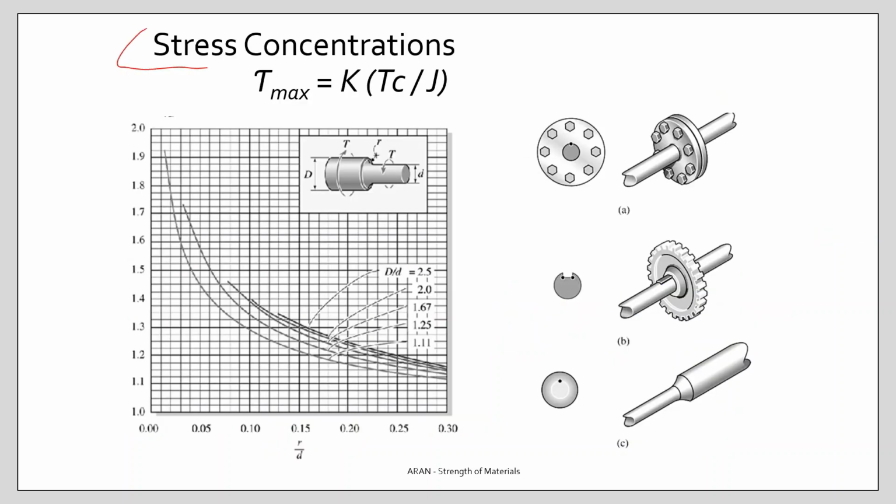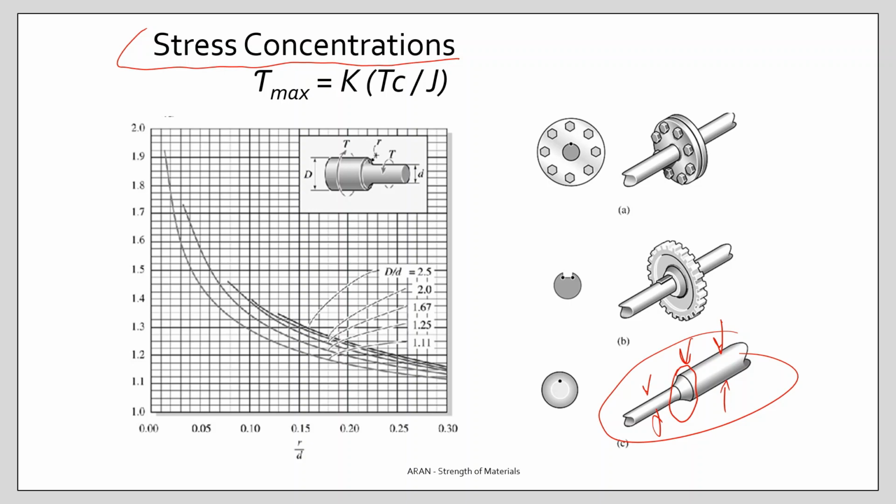Stress concentration in torsion. When you have a shaft and the section size changes, in these areas we will have stress concentration, like in axial loading or bending or so on.